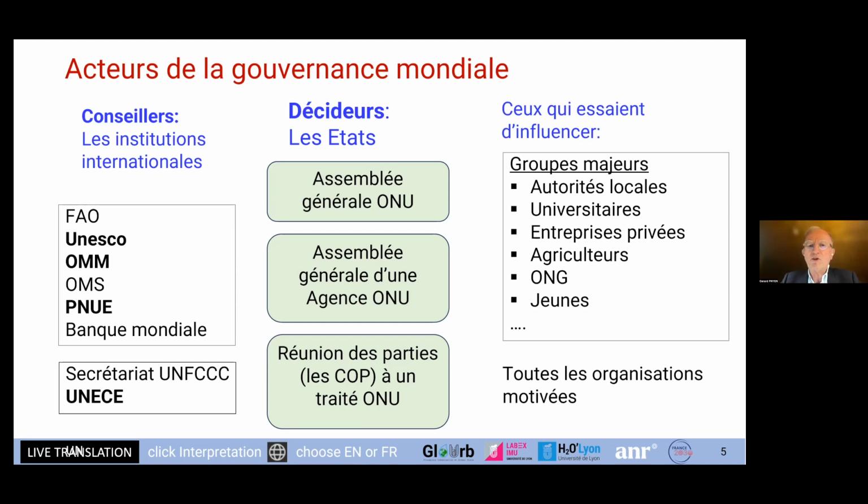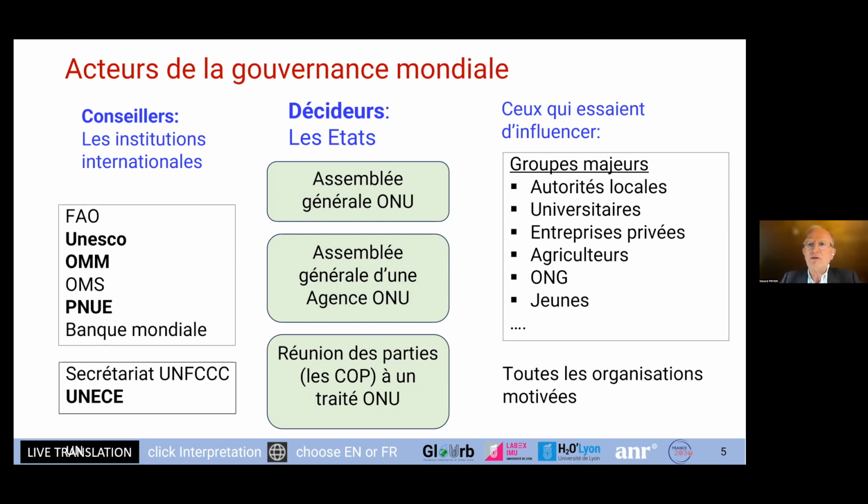If there's a health decision, for example, they use the World Health Organization. If it's an environmental decision, it's within the General Assembly of the UN Environment Programme, etc., etc. And then there's a third place where countries can take decisions.